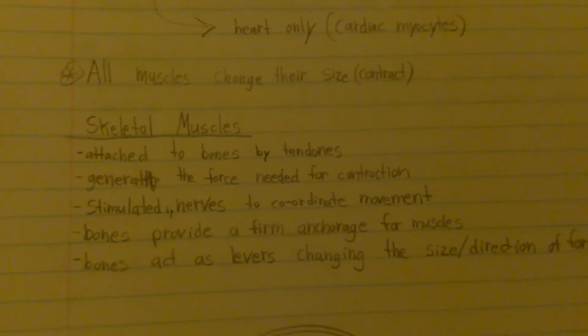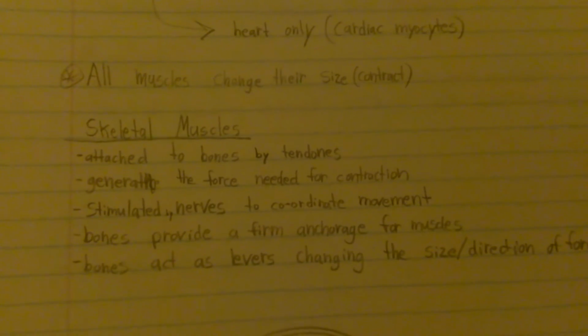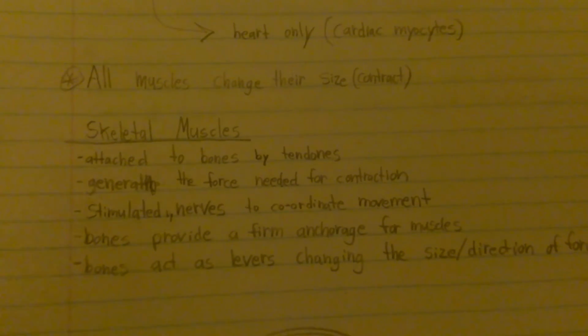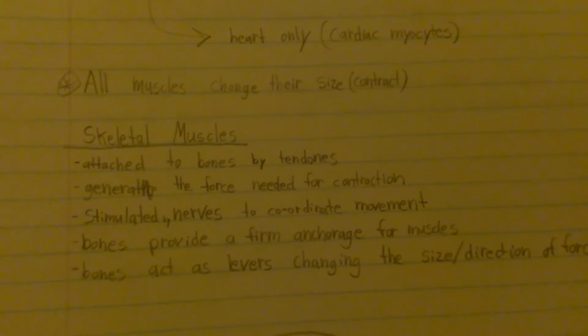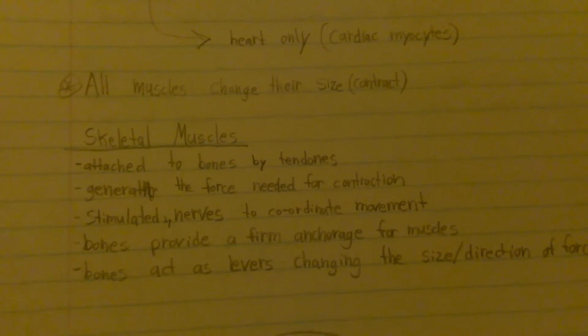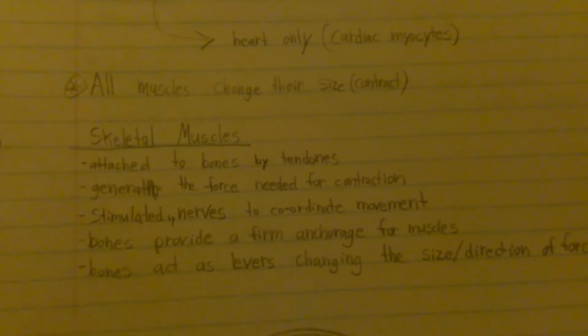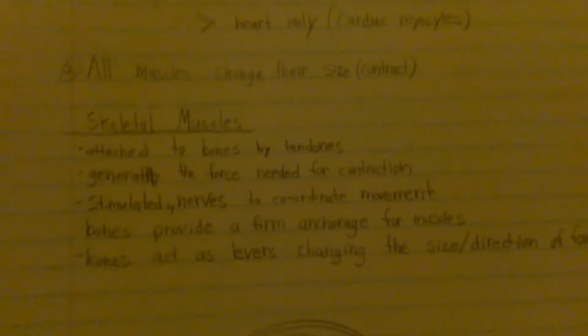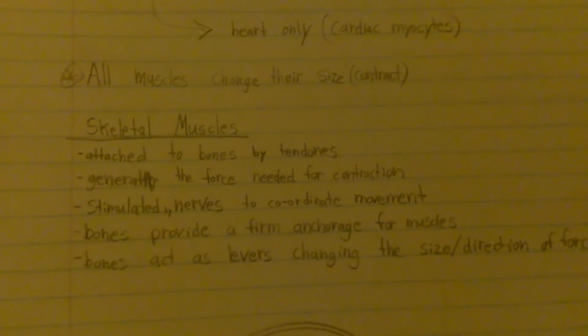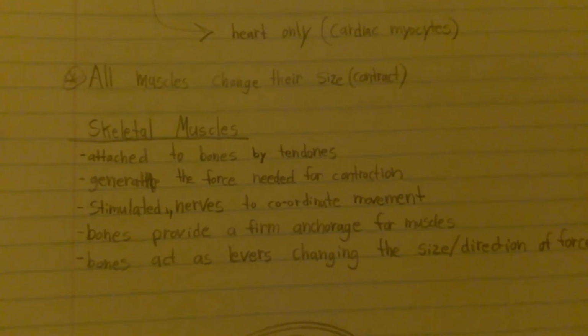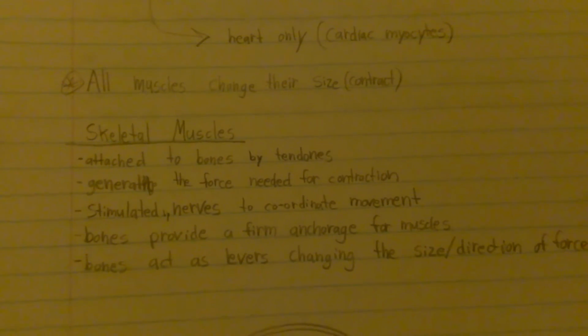Bones, on the other hand, provide a firm anchorage for muscles. So of course, the muscles are attached to the bone by tendons. And that's where muscles are attached. The bones also act as levers. They change the size and direction of the force generated by muscle contraction, helping us to control the movement or how we really want to use that force we're generating from muscles.